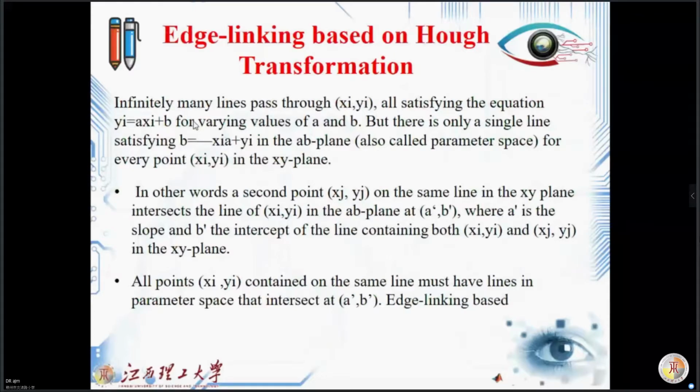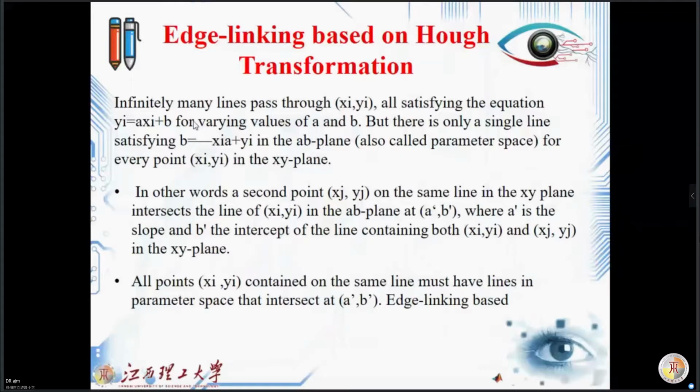Then, based on this edge linking of the Hough transformation, infinitely many lines pass through the point xi, yi, all satisfying the equation yi equals a times xi plus b in linear form, for varying values of a and b.